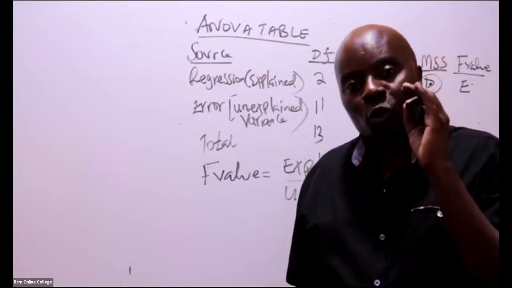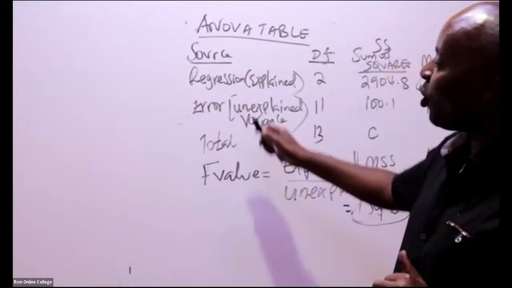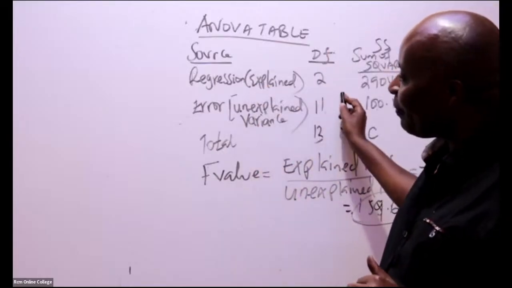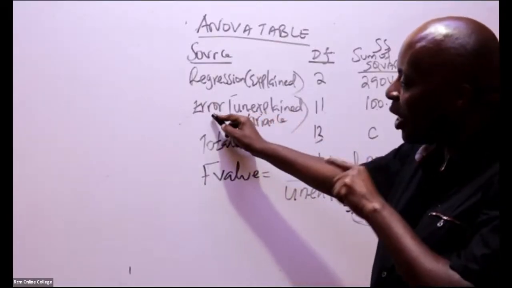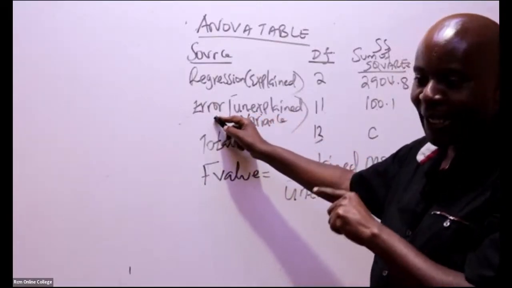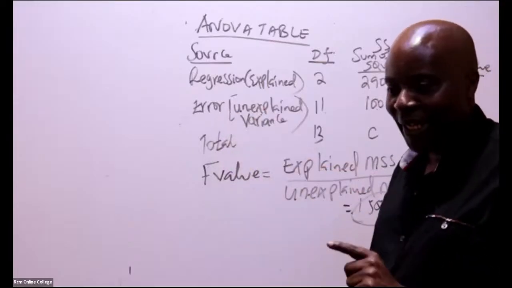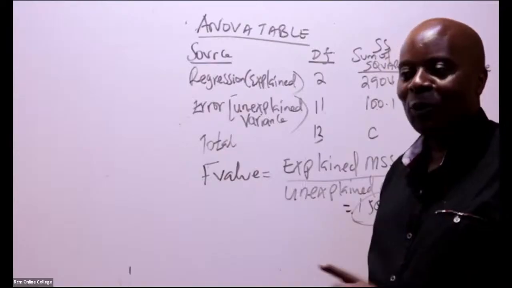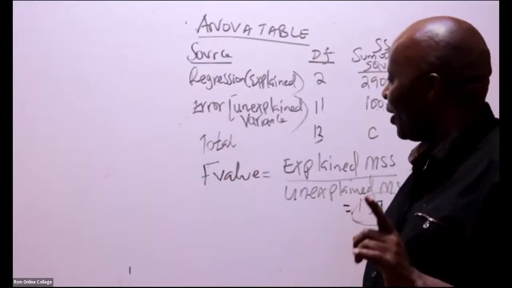So we have two types of variance in regression analysis: explained variance and unexplained variance. Unexplained variance is our error term, what you're not able to explain. That will be very important.